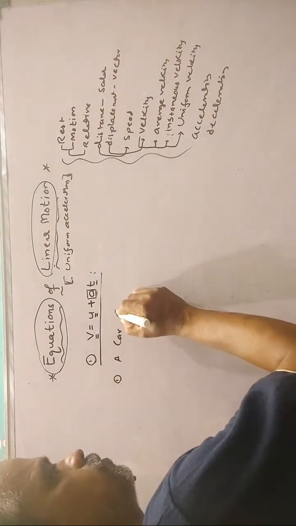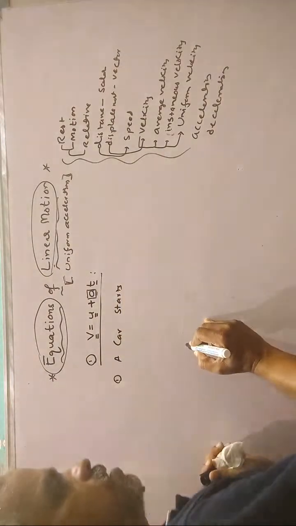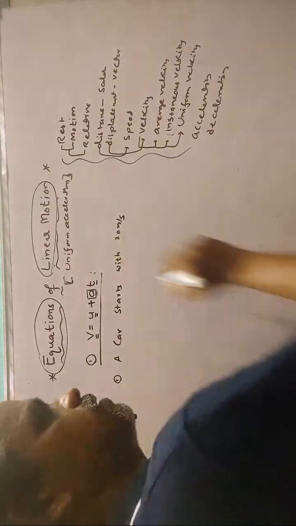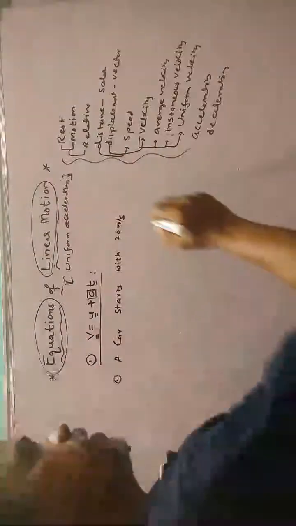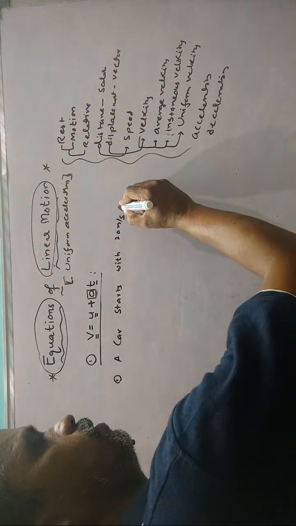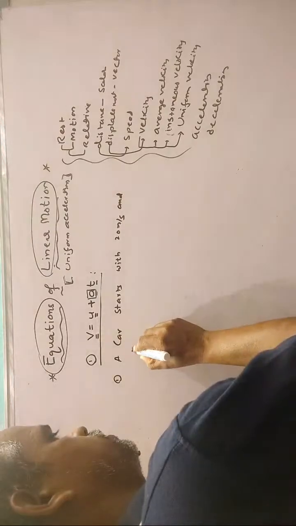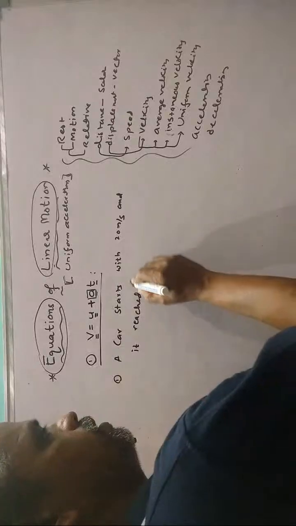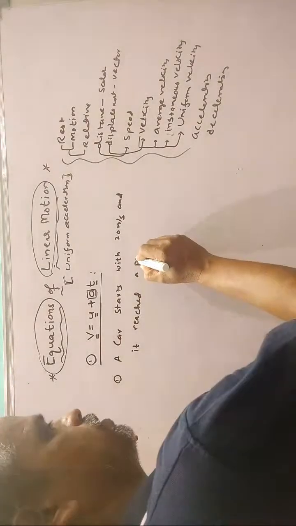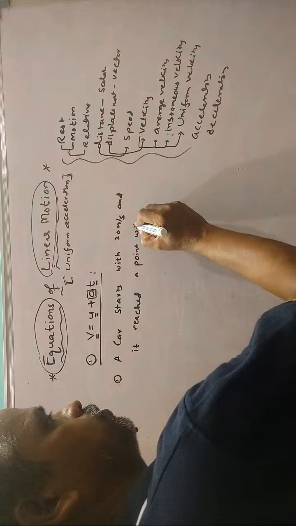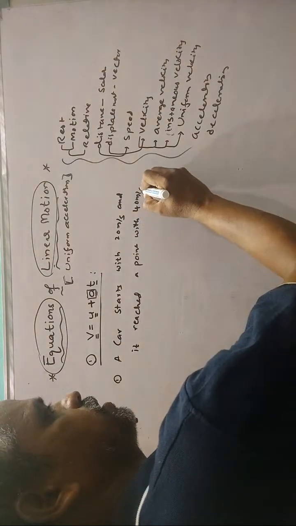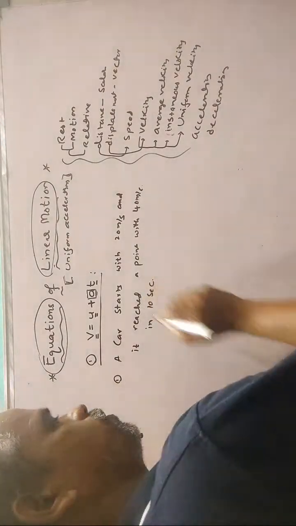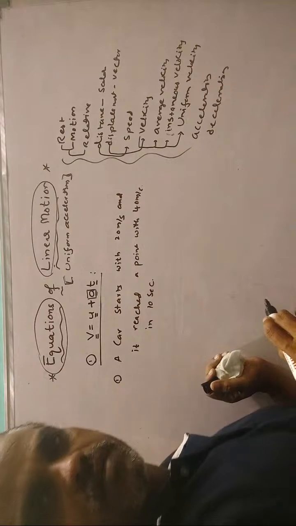A car. Write the problem. A car starts with 20 meter per second and it reached a point with 40 meter per second in 10 seconds.